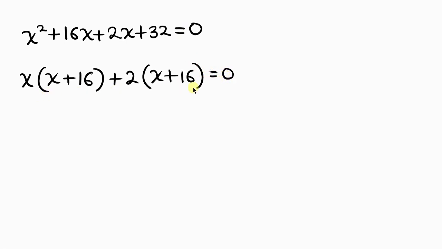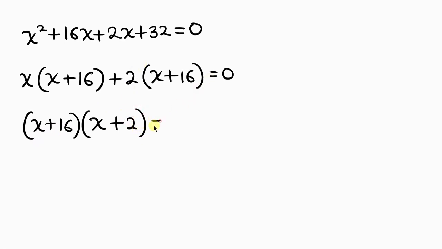Now notice once again that x + 16 is common, so we have to factor out x + 16. Open brackets. Now x times (x + 16) divided by (x + 16), we have x, plus 2 times (x + 16) divided by (x + 16), we have 2.